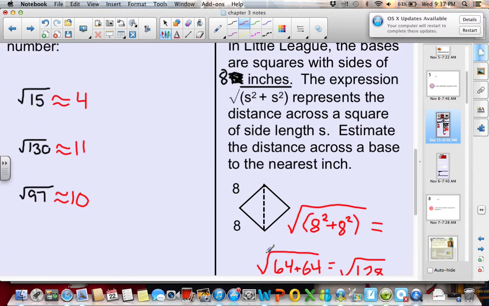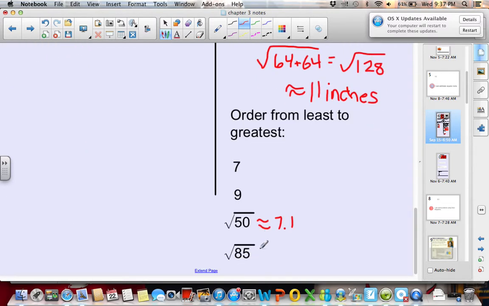So we can estimate that it's about 9.3, maybe not even that much, just so we can have it a little bit easier to put them in order.